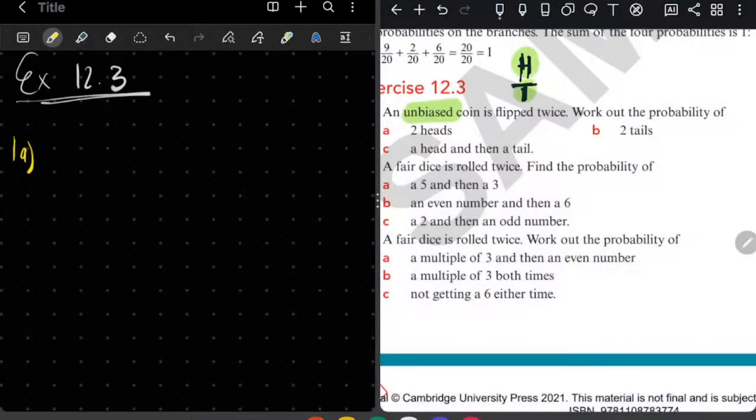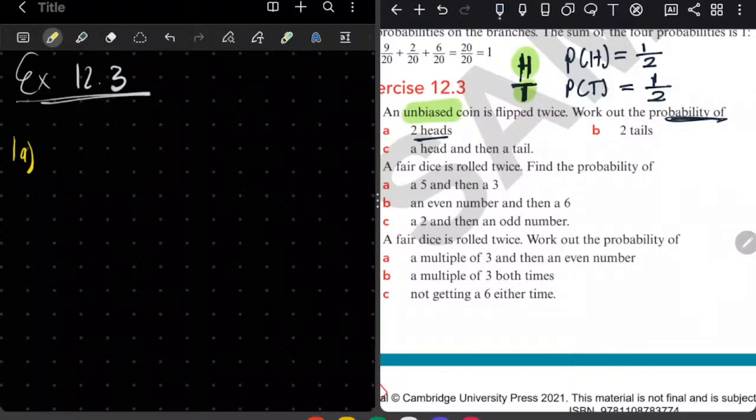Because there are only 2, what is the probability of head? 1 out of the total 2. What is the probability of tail? We have 1 tail out of 2 faces in total. So are you seeing the probabilities? For a coin, it's half. Well done. So now they say work out the probability of 2 heads.